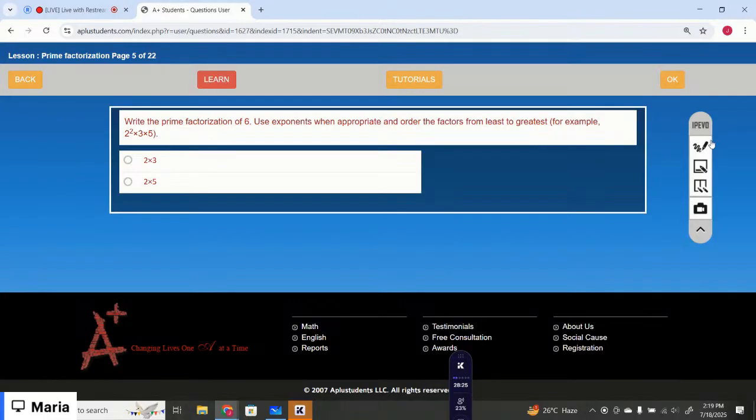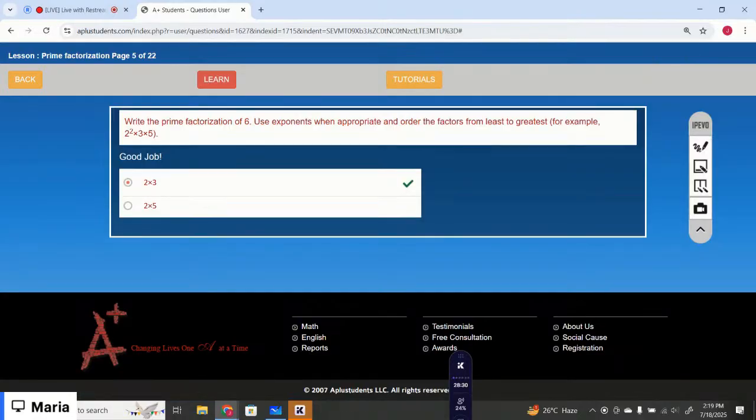Option number 1 is the correct option. 2 times 3 are the prime factors of 6.